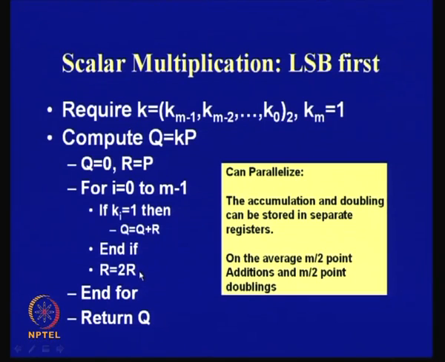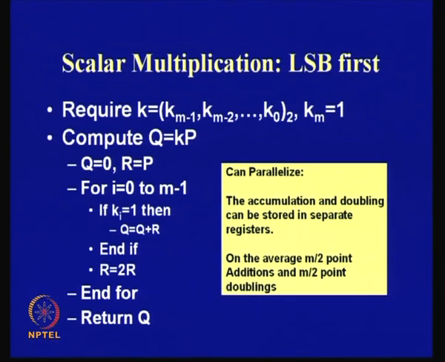Here you see that as opposed to the previous algorithm, where we were doing a doubling and then an addition operation, those were two steps which you cannot parallelize; they are sequential steps. But in this case, because you are doing these operations on two different registers, you are giving more space and saving time.